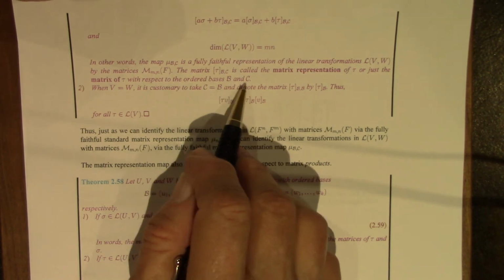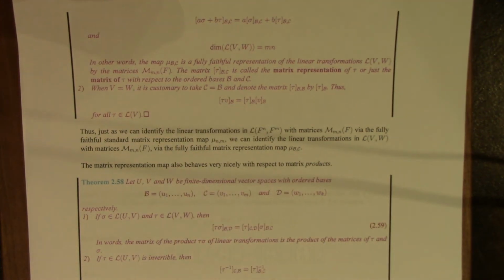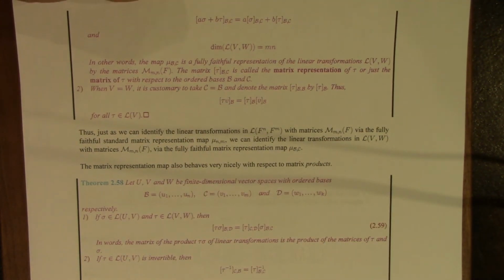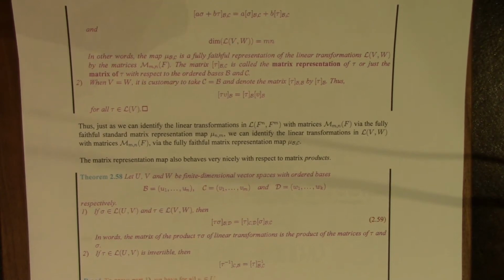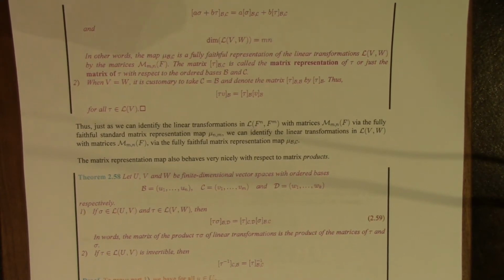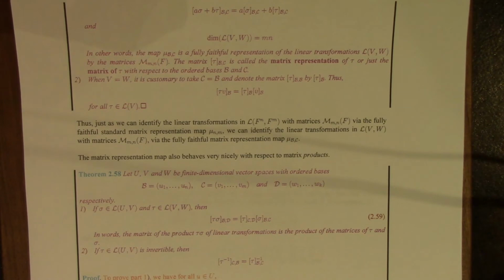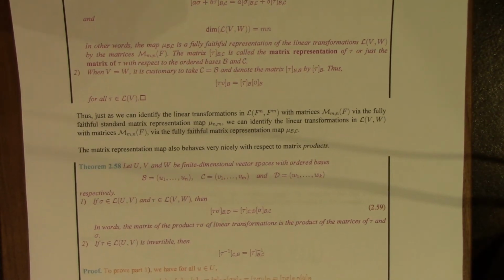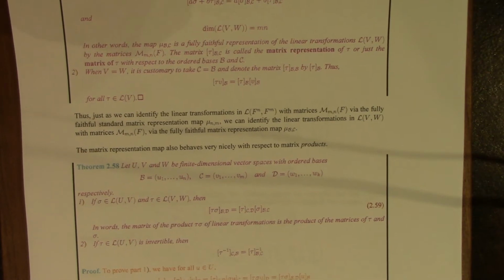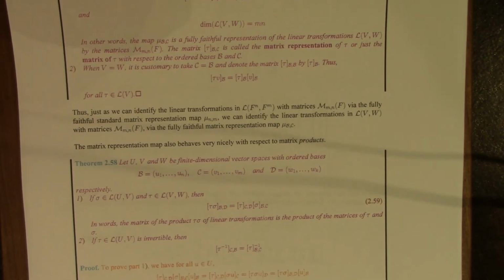The bases B and C are both bases for V, and it is customary to use the same basis. It's really the same basis for the domain of tau as it is for the codomain of tau. Both of those are V.